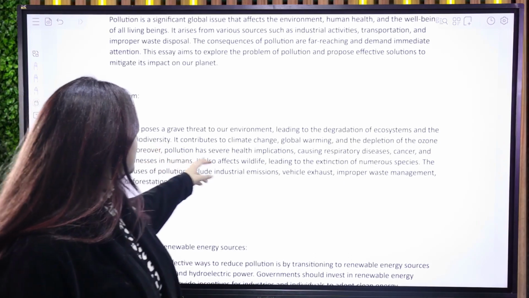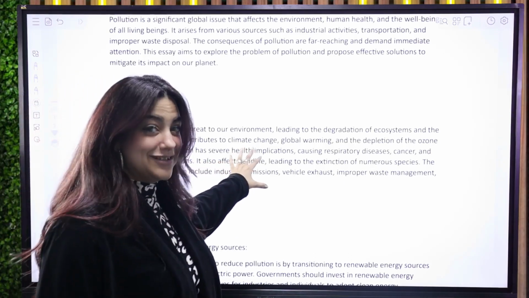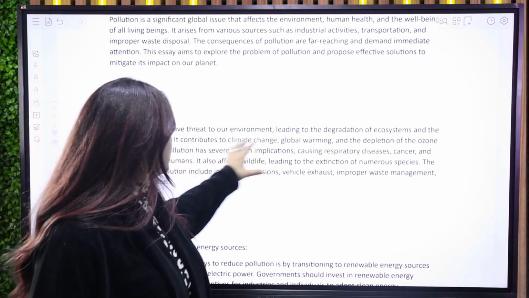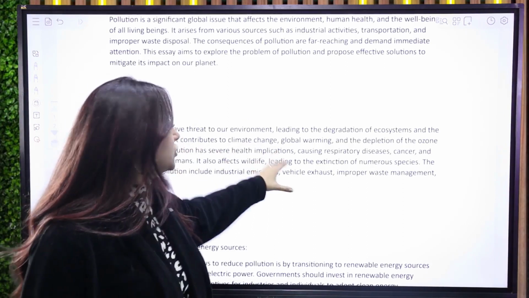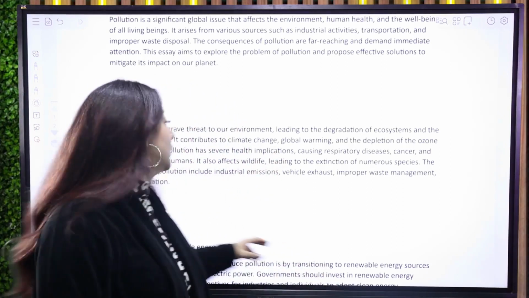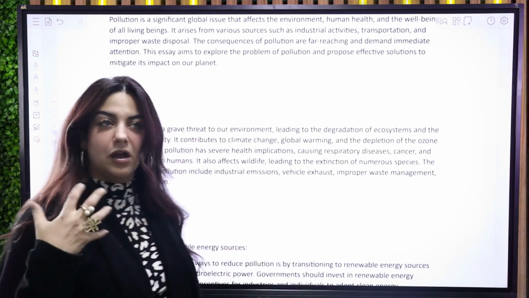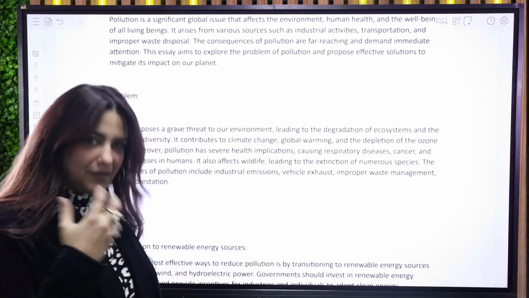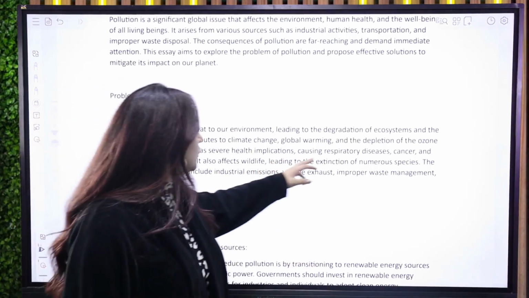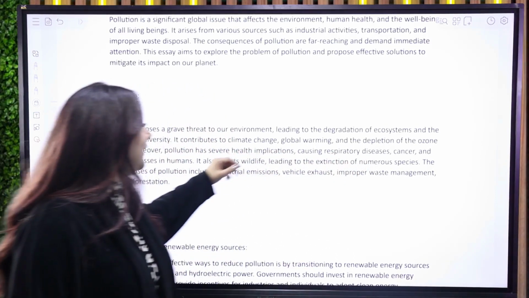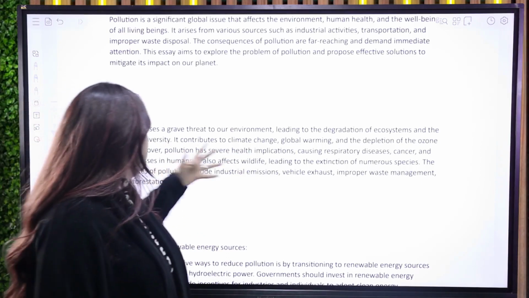Moreover, pollution has severe health implications. So, severe health issues, severe health implications or ramifications, okay? All these words are equal to the word consequences or negative effects. Causing respiratory diseases, cancer, and other illnesses in humans.